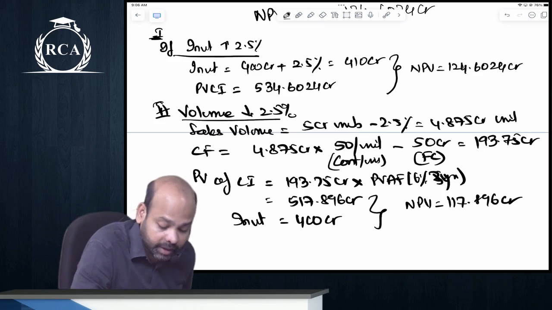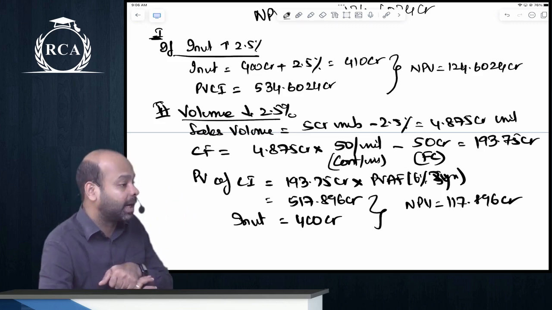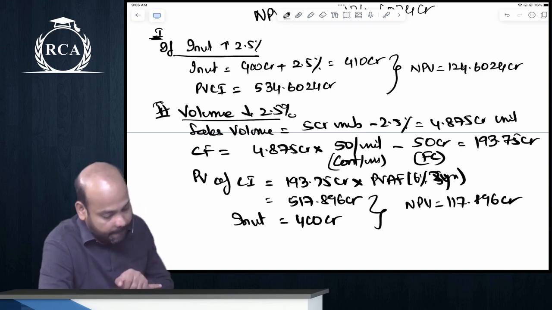Third factor beta is selling price per unit. You will reduce it by 2.5% and that will become 97.5.